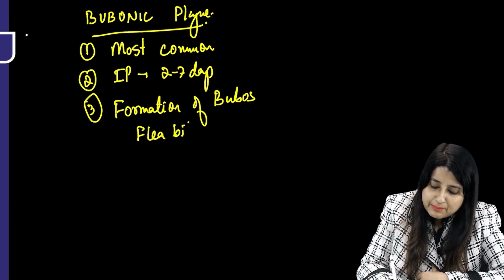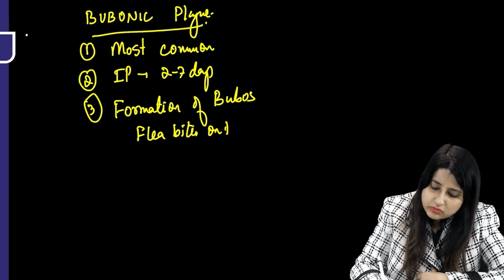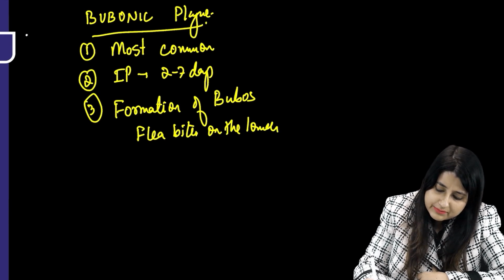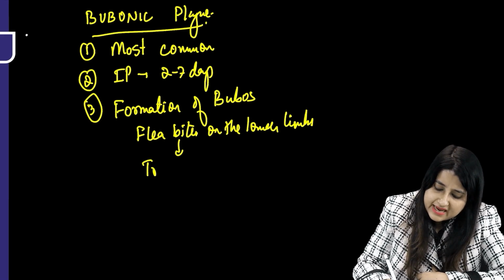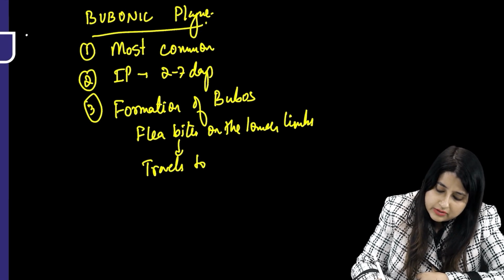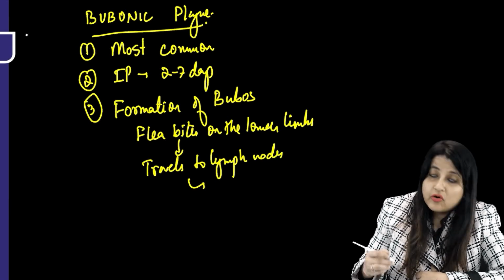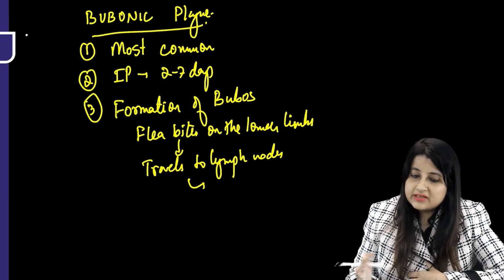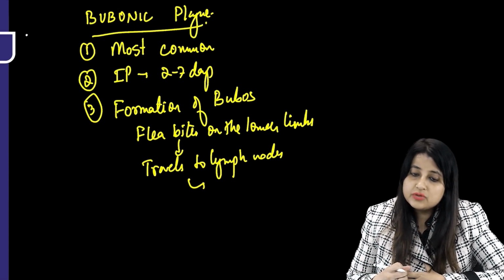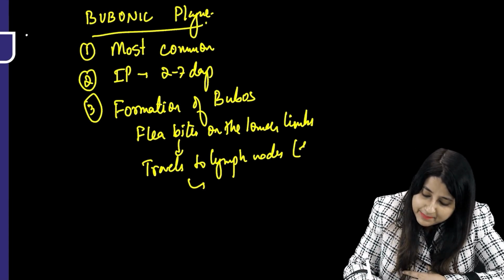The flea bites on the lower limbs, and when it bites on the lower limbs, from there it travels to the lymph nodes. So it leads to formation of buboes. There's enlargement, it travels to the regional lymph nodes and starts replicating.